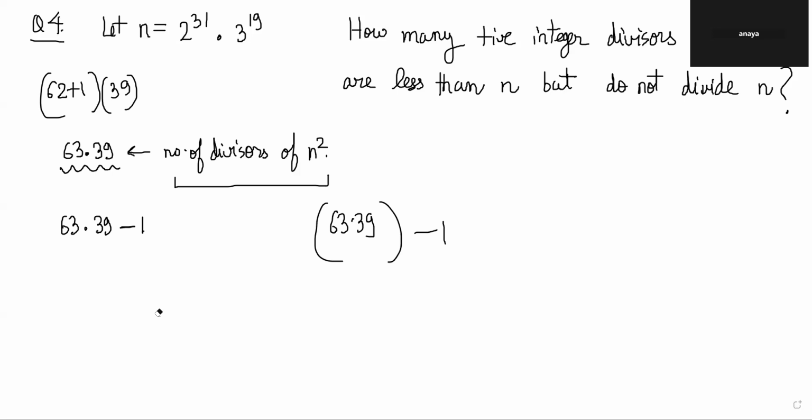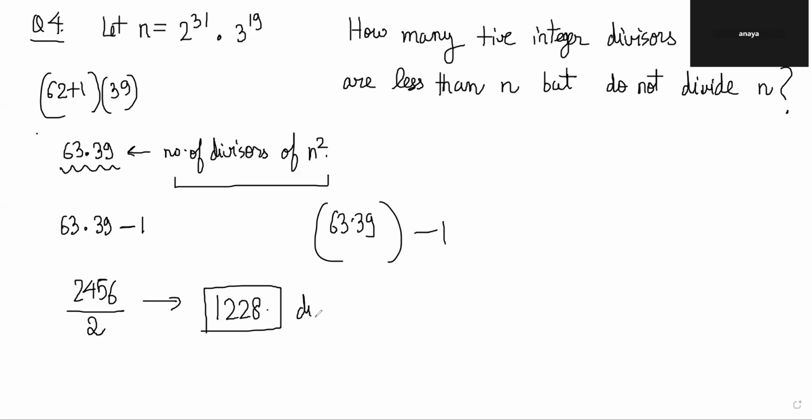Yeah, so then you get 2457 minus 1. So that's 2456, and that divided by 2 is 1228. When you get 1228 from there, that's how many are less than n.